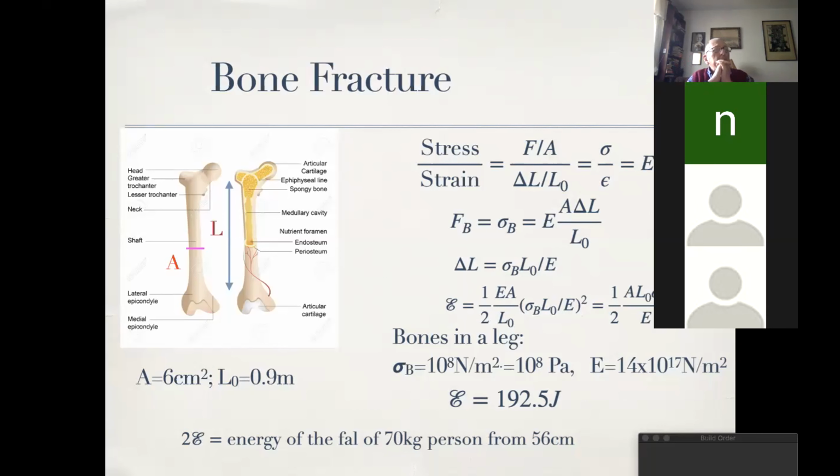Why does that happen? It happens because we never apply the whole energy to the bone, by changing our body. We jump from a height, and then we change the shape of our body.